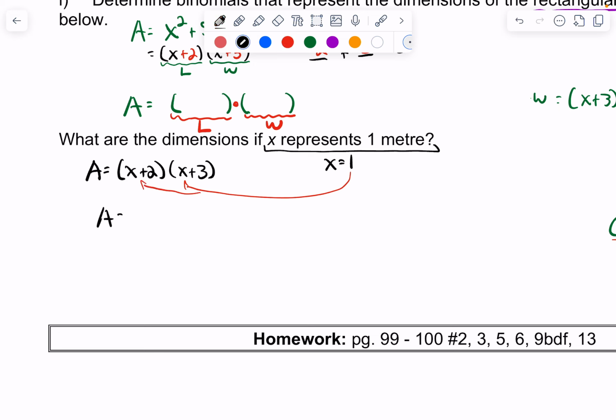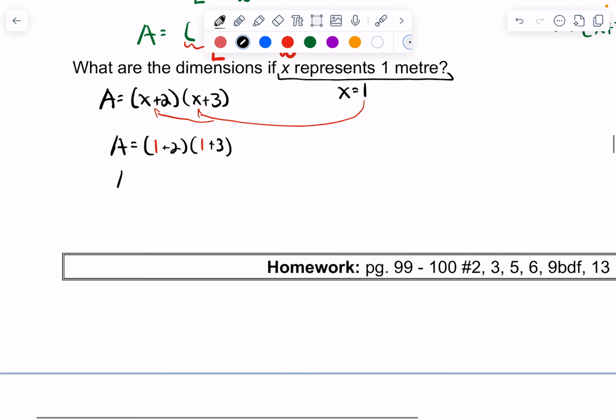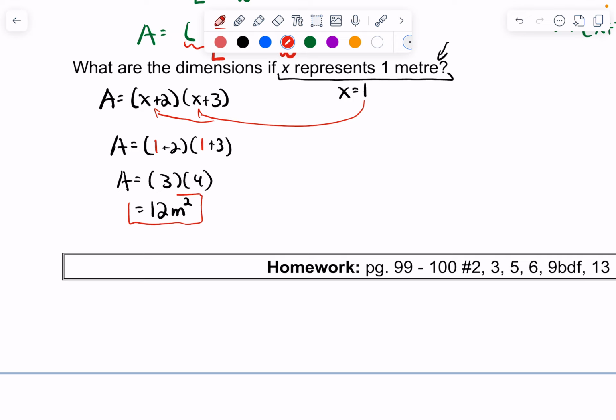So area is 1 plus 2 and 1 plus 3. So you get area equals 3 times 4 or 12. And in this case, it's meters squared. It's an application word problem, so please use your units.